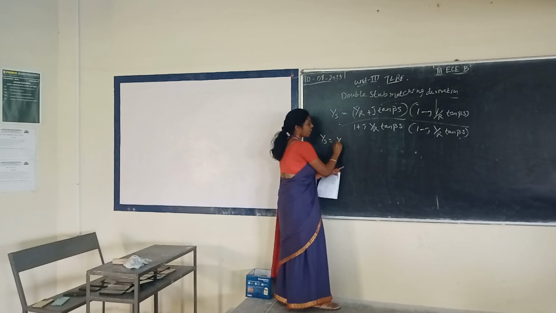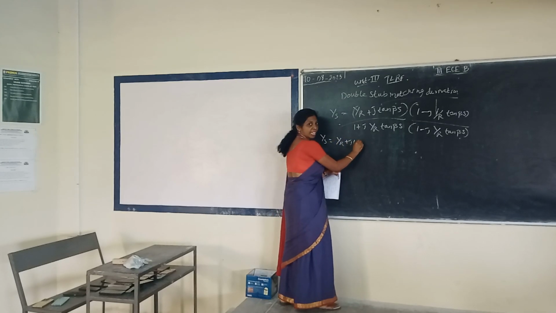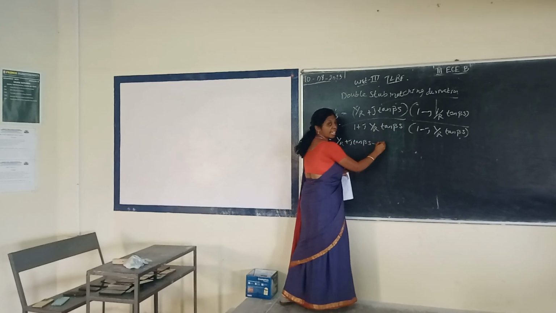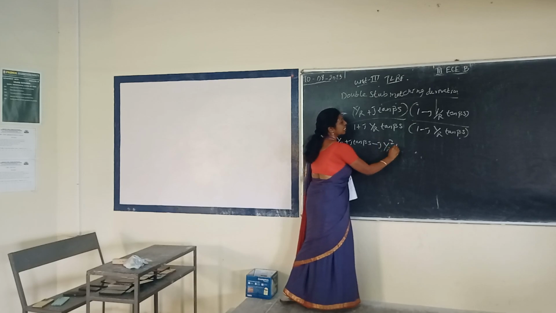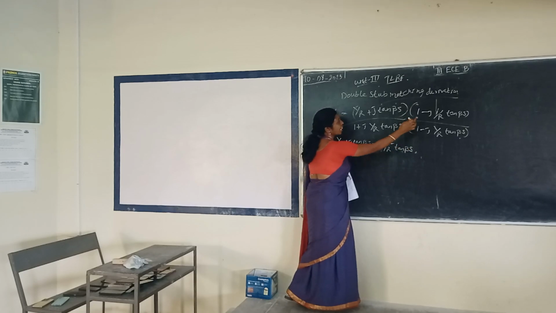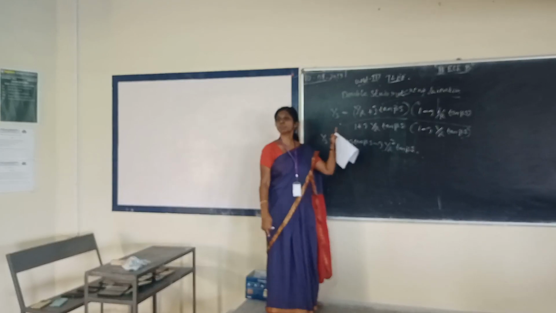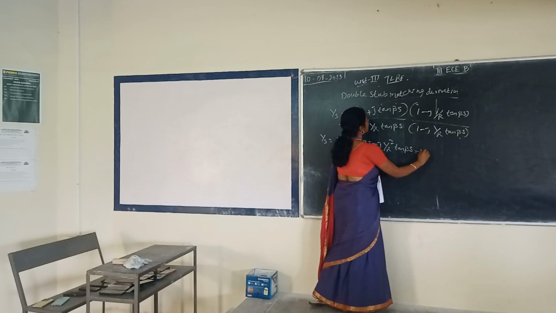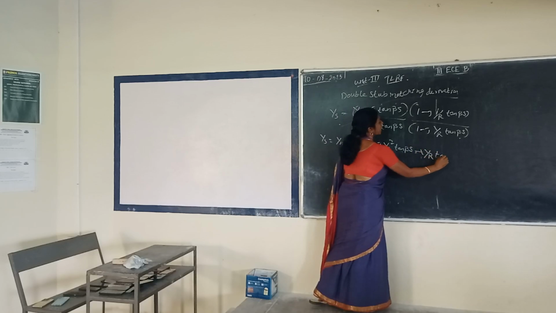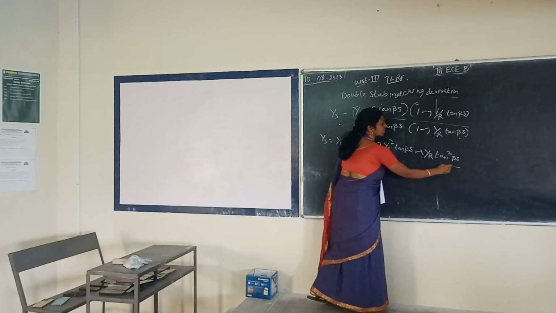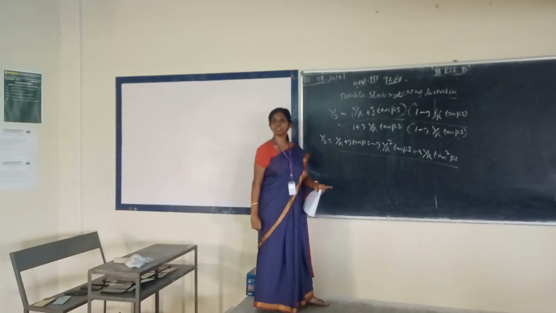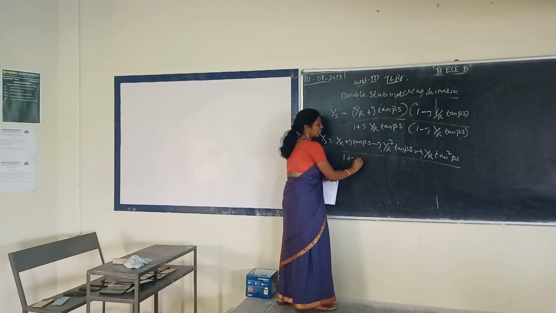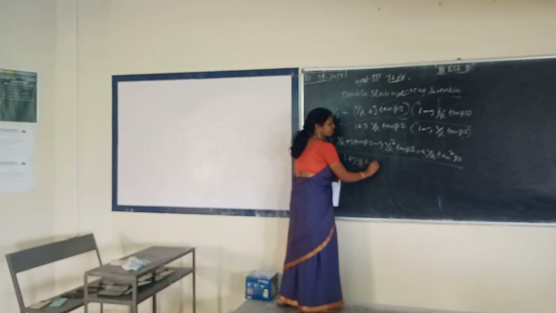So y r plus j tan theta s, then minus j into this term, j y r square tan theta s, then j square is minus 1, minus into minus will become plus y r tan square theta s in the numerator part. Denominator part, 1 into any term will give you the same thing in the first one.